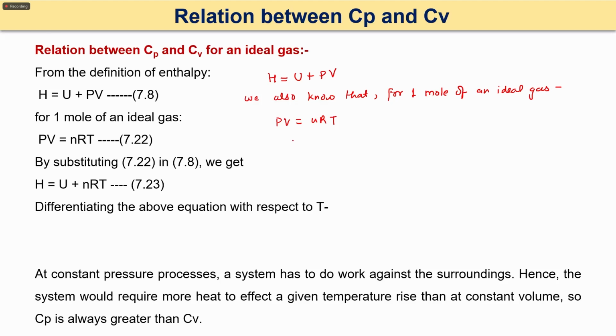So equation 1 will become H equal to U plus nRT. And if we differentiate this equation with respect to temperature, what will we get?